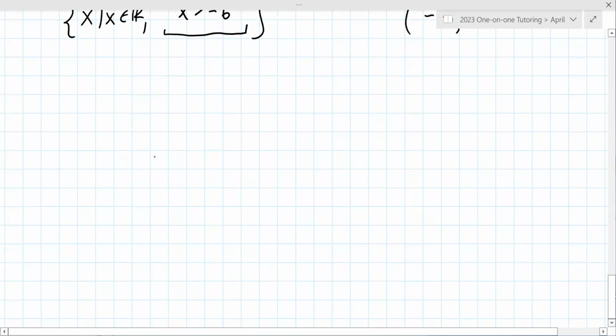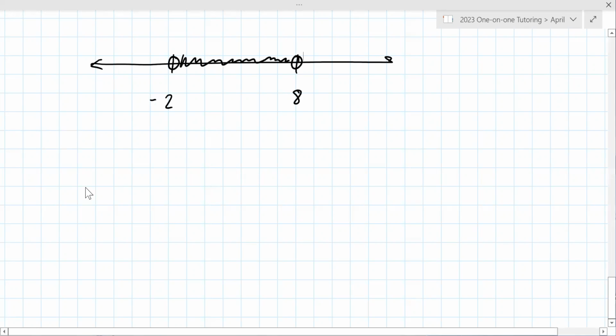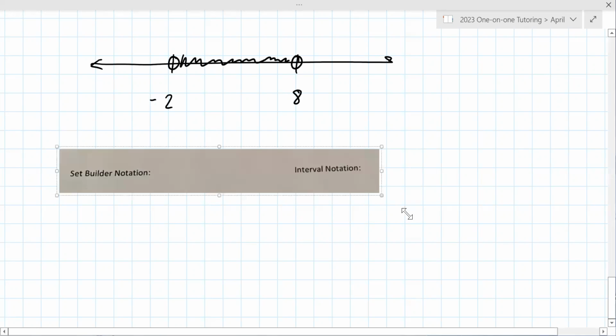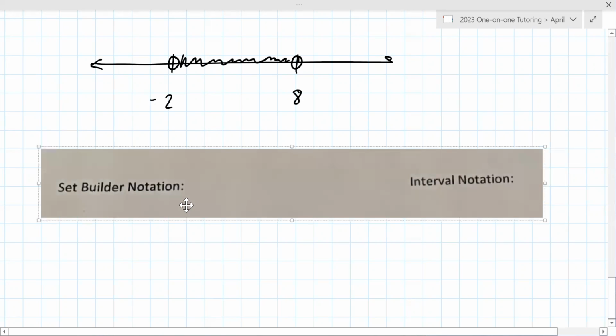Let's do another one here. Let's give you a number line. Okay, so we'll do the same thing here. Do you feel more comfortable with set builder or interval notation? I don't really know. It doesn't really matter that much to me.